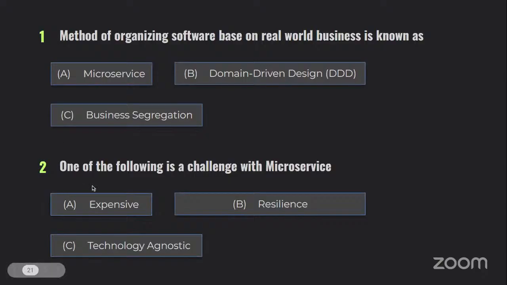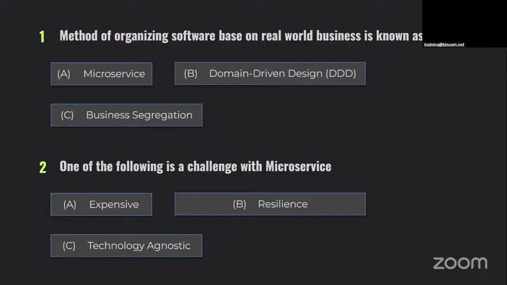So number two, one of the following is a challenge with microservice. A is very expensive. B is resilient. C, technology agnostic. B. Resilience. I mean, the challenge, the problem with microservice, I think that would be B. I think it's A, expensive. Correct. Thank you.